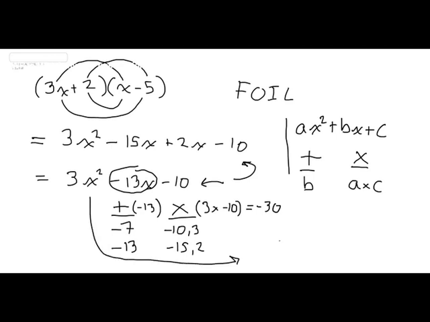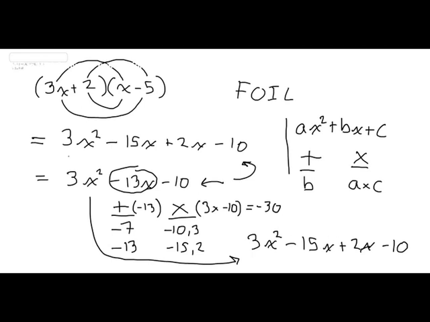So this is what we're going to get. I'm going to rewrite this as 3x squared minus 15x plus 2x minus 10. So notice that I haven't changed any values. All I've done is I've expanded negative 13x to be negative 15x plus 2x.